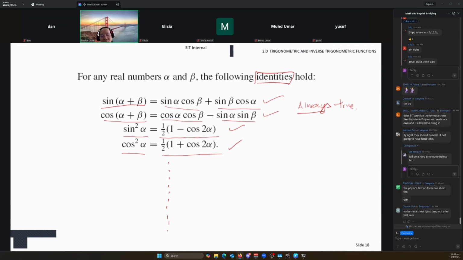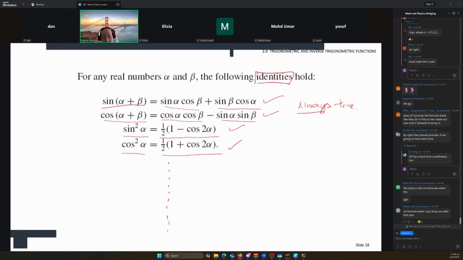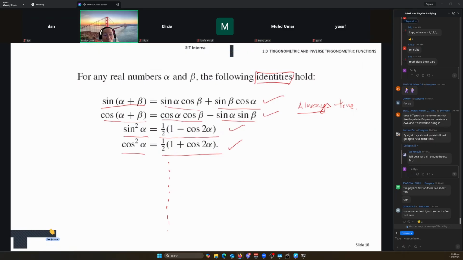For my quiz and my exam, I would usually allow a cheat sheet. Sometimes I also put the relevant formula next to that particular problem, because I don't expect students to remember a lot of things.